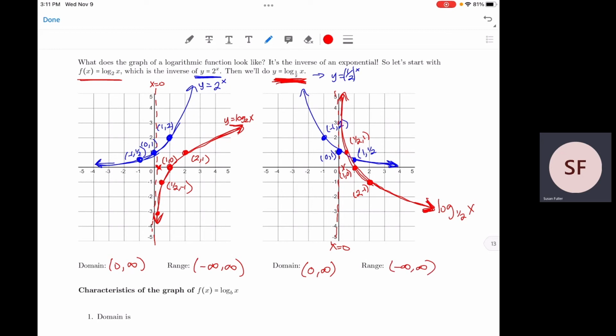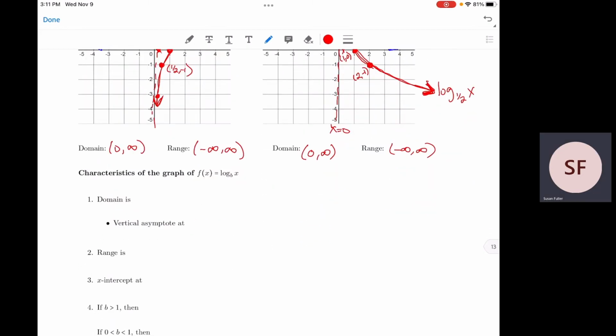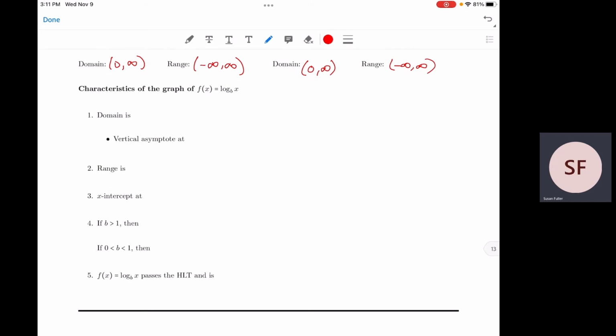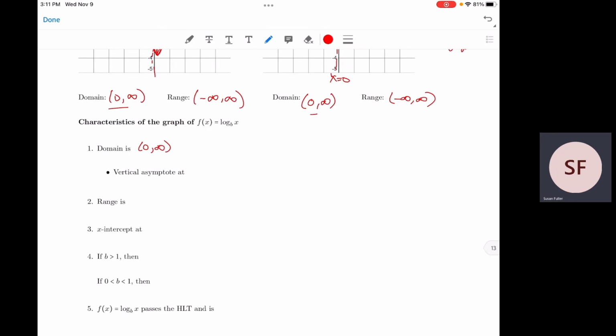So these are what the graphs of y equals log base 2 of x and y equals log base 1/2 of x look like. These have a lot of things in common. The domain for these is 0 to infinity. You can see that matched on both of these. These had a vertical asymptote at x equals 0. The range for these, again, matched.